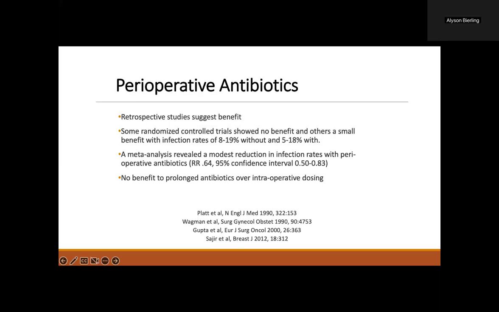They've done several retrospective studies on perioperative antibiotics that suggested benefit. However, in randomized controlled trials, some showed no benefit and others showed a benefit. But a meta-analysis where they brought all the trials together revealed just a small reduction in infection rates with perioperative antibiotics.